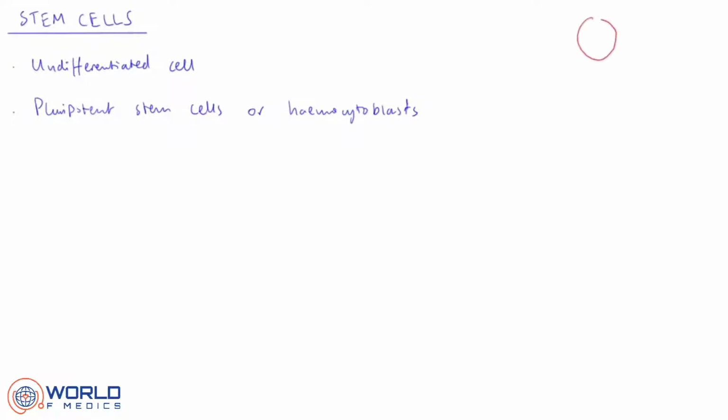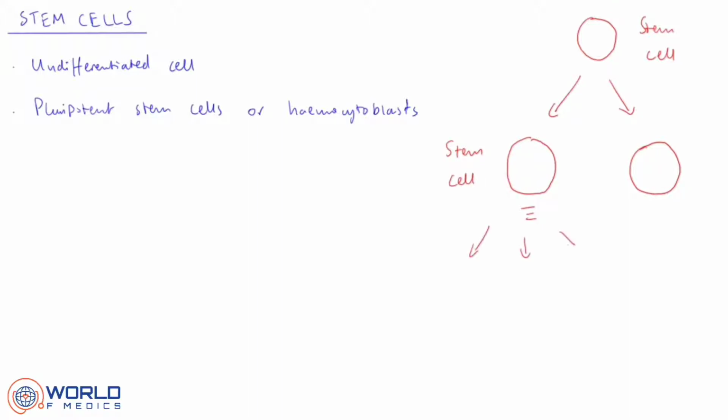The best thing to do to illustrate what happens when a stem cell divides is just to draw a diagram. So we've got our stem cell here, and this is going to go on and produce two further cells through division. The first of these cells is actually going to stay as a stem cell, and obviously this is going to go on and further divide and go through this process again and again multiple times.